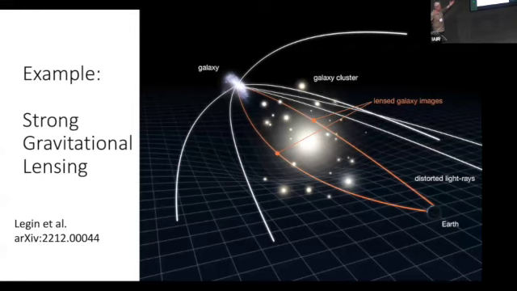Just as an example out of astrophysics, but there are now many, this is a strong gravitational lensing example. Strong gravitational lensing is a relatively tricky inference problem where you're observing some background galaxies as they're magnified and distorted through the gravitational potential of a foreground object.